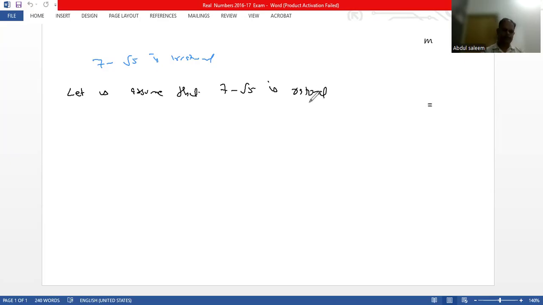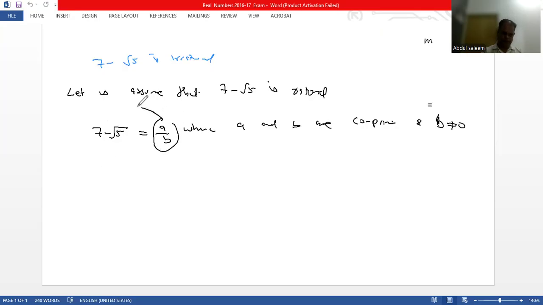If it is rational, how can we represent this number? Definitely we can write it as a by b, where a and b are co-prime numbers, 1 is the only common factor, and b is not equal to 0. So 7 minus root 5 equals a by b, and transferring to the left side, 7 minus a by b equals root 5.